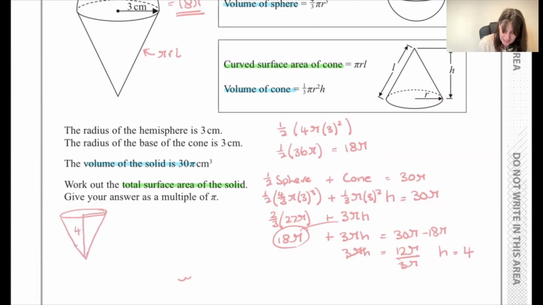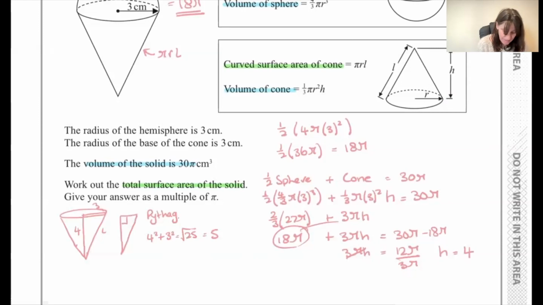I know the radius is 3, and I'm looking for L. This gives me a right angled triangle. It tells me we're going to use Pythag to work this out. We've got 4 squared plus 3 squared, which is 25. Root the 25, and we've got 5. L is equal to 5.